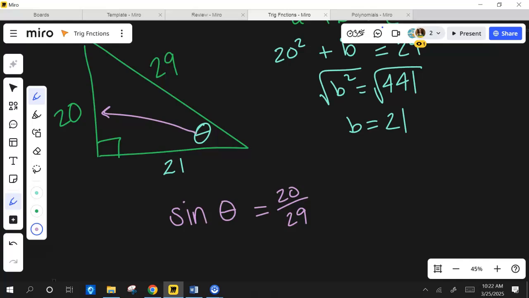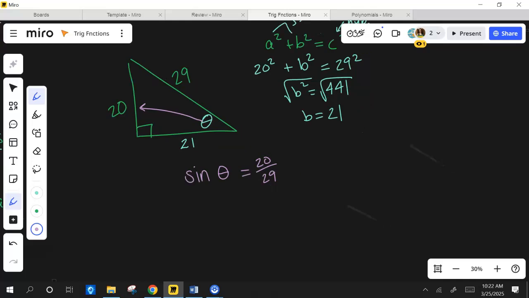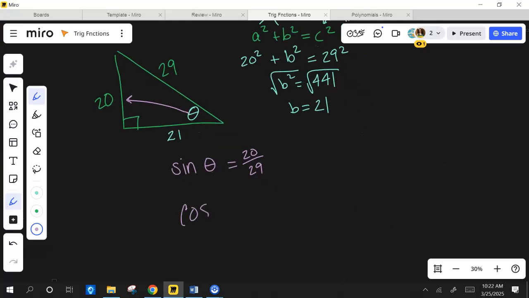All right. How about cosine of theta? 21 over 29. That's exactly right. It's marked.